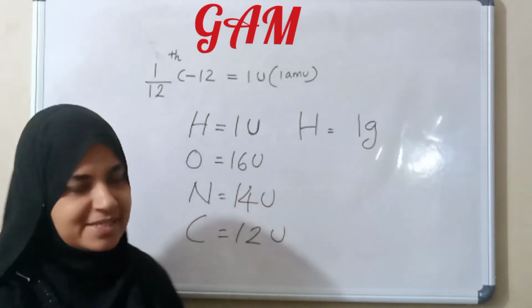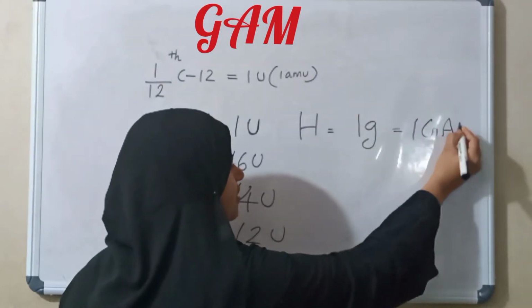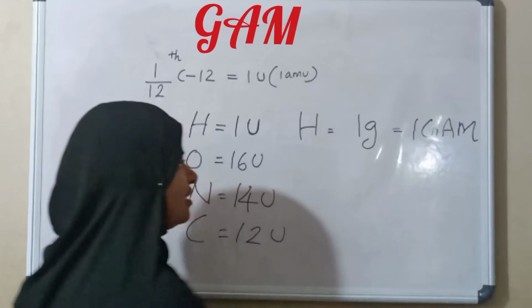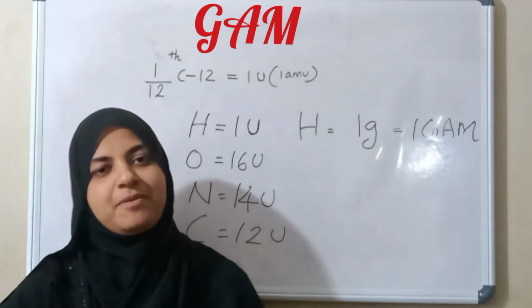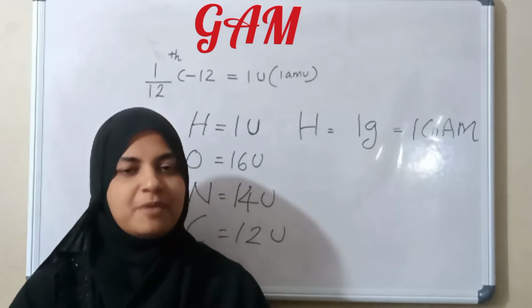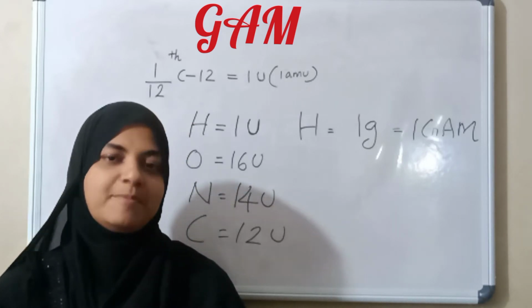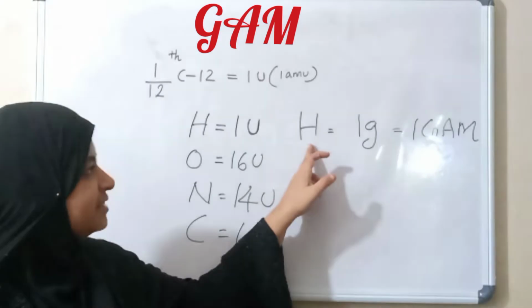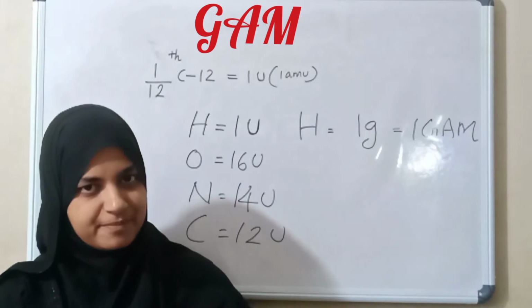This is known as 1 gram atomic mass of hydrogen. Then, what is gram atomic mass? Gram atomic mass is the atomic mass of an atom expressed in gram. Therefore, hydrogen's 1 GAM is 1 gram.